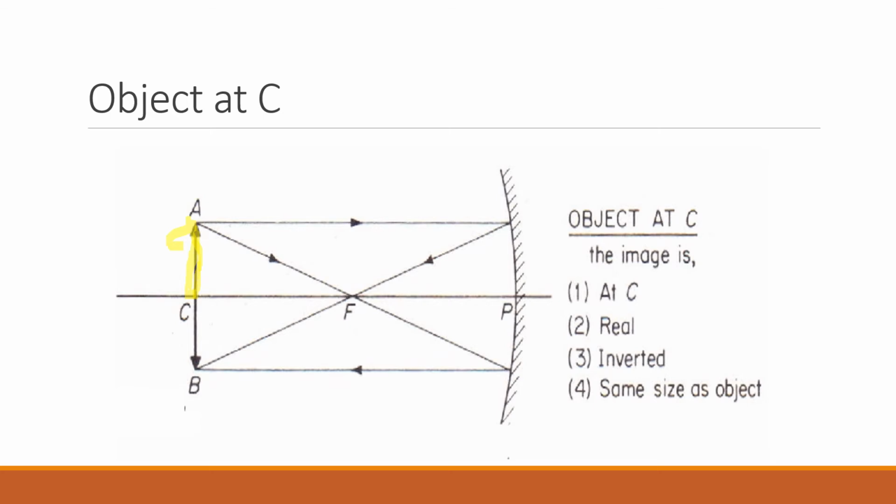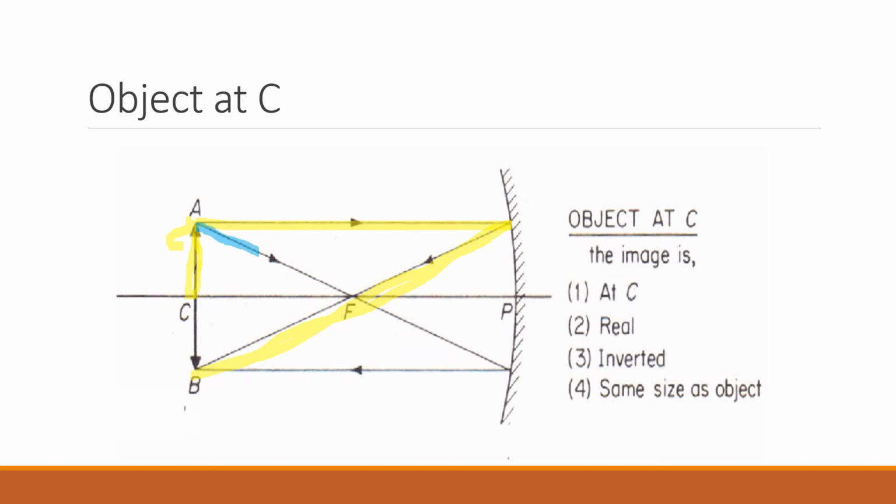Fine. Now let us consider our first ray. This ray moves parallel to the principal axis. Fine. Now after moving parallel to the principal axis, it gets reflected and then it passes through the point F. As we know from the rules of the mirror, whenever an incident ray is incident parallel to the principal axis, after reflection it passes through the point F. Similarly, consider your second ray.